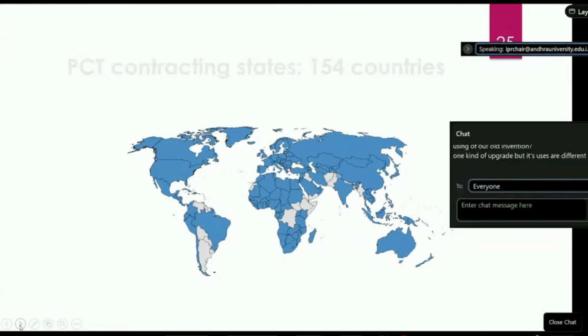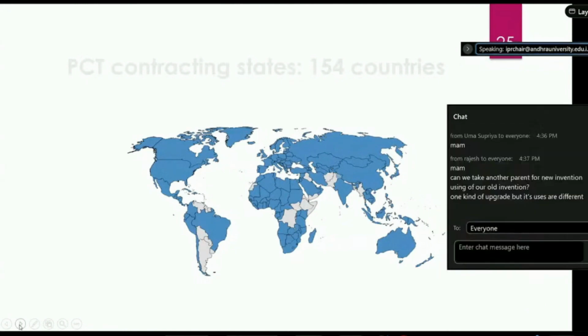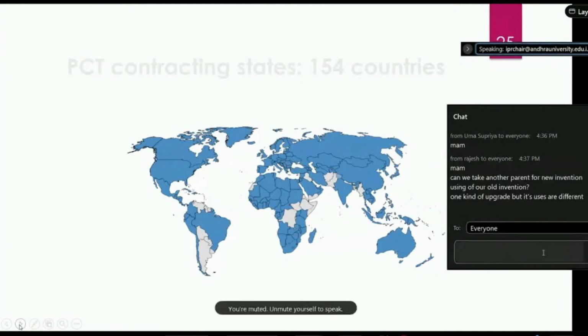So if you want to file in Pakistan or Nepal, you have to go through the Paris Convention, not through PCT. Argentina is also not there in PCT. So if you want to go to those countries, you have to go through the convention route.